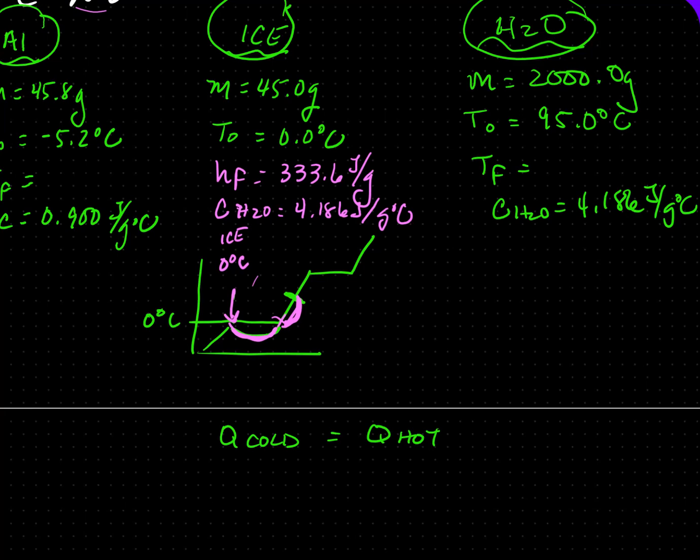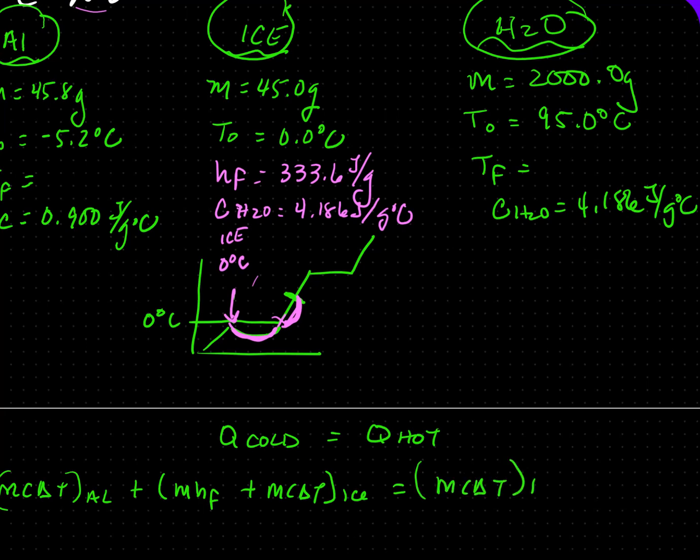So the equation for aluminum is going to be mc delta T. But for the ice, it's going to be m HF because it needs to melt, plus mc delta T because we're going to take the melted 0 degrees water to a higher temperature. And on the opposite side, we're going to have mc delta T of the hot water.